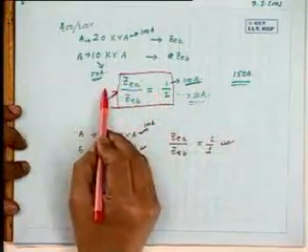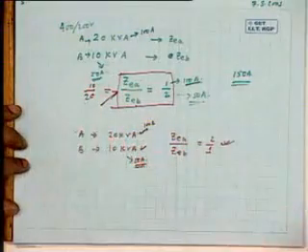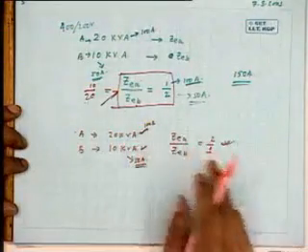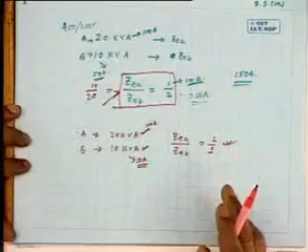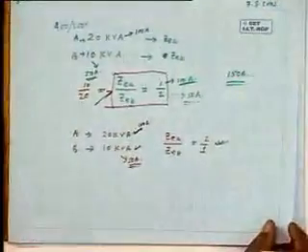That is, ZA is to ZB should be equal to 10 by 20, like that. So this is a very important point. Impedances should be in the inverse ratio of their KVA ratings.